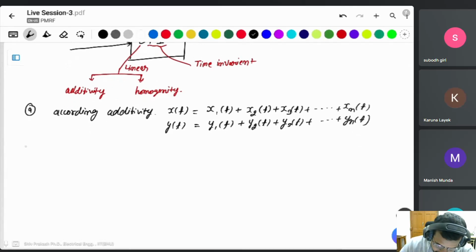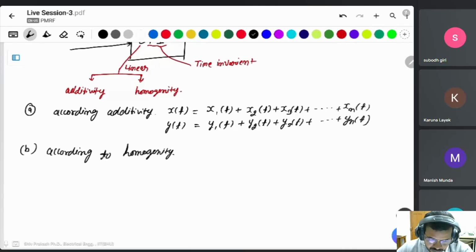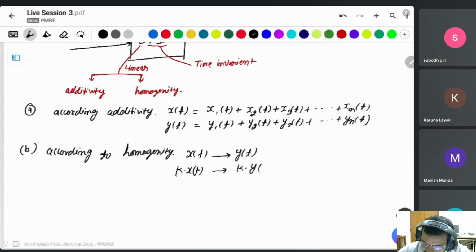Second one, according to the homogeneity. If you scale some system like x(t), which gives some output y(t), if you scale x(t) by k, then the output is also scaled by k.